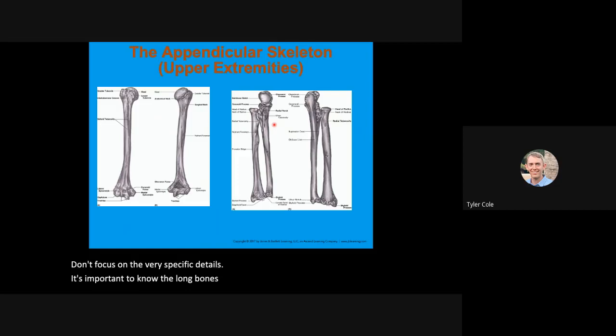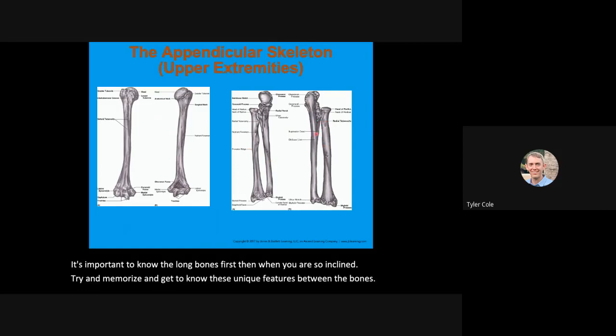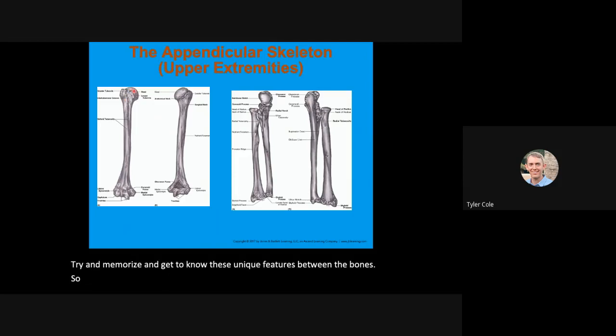Then when you are so inclined, try and memorize and get to know these unique features between the bones. So the head of the humerus here connects to our shoulder. So it's a part of a multiple bone structure called the shoulder girdle that we'll look at on the next slide.